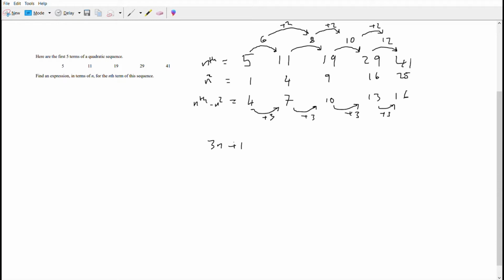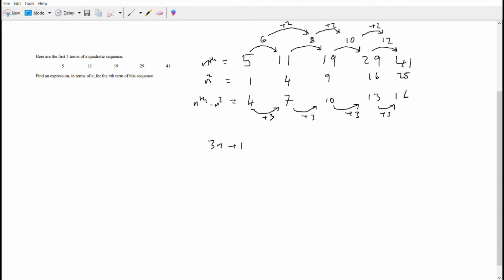Then if you check it with the fourth term, which is 13, 3 times 4 is 12, plus 1 is 13, so we know we're correct in this aspect.